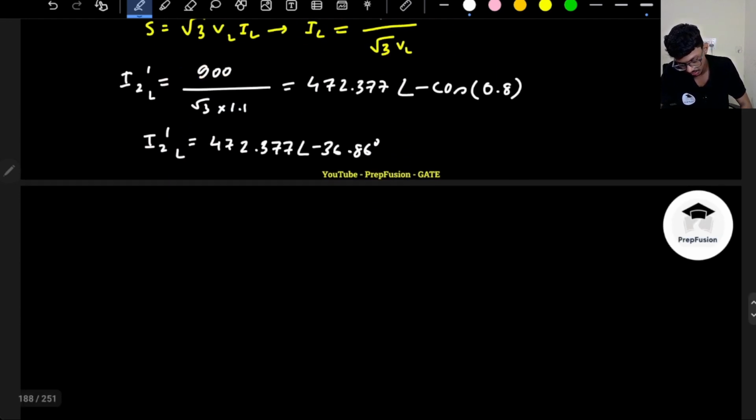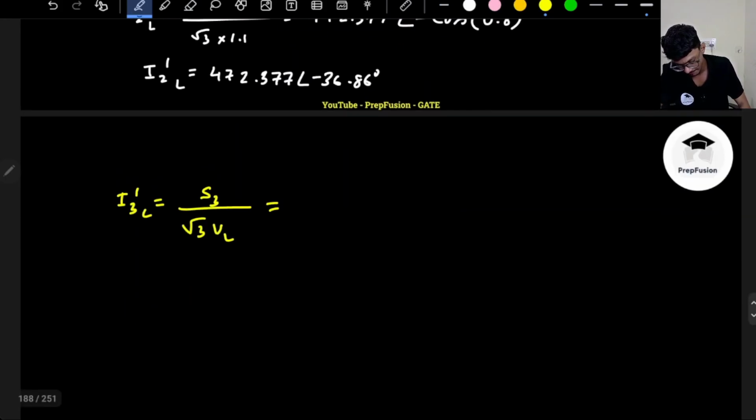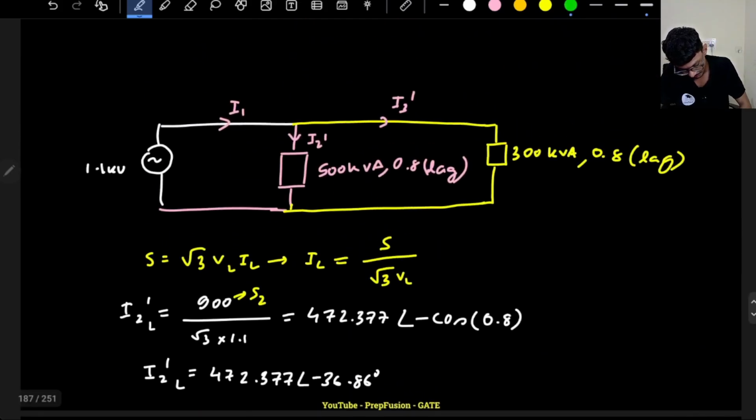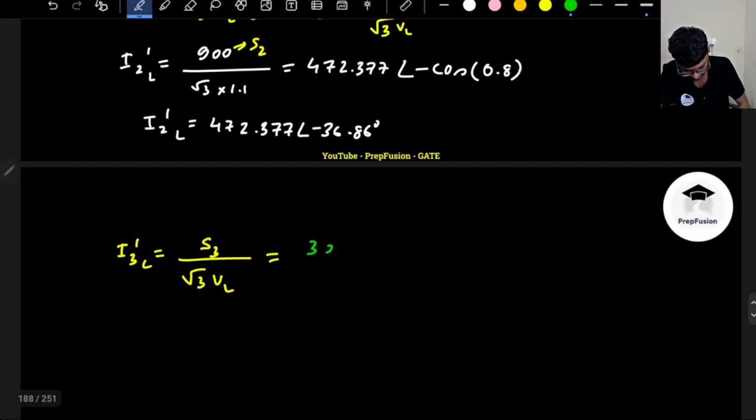Now what about the other current? I3L dash will be S3 divided by root 3 VL; VL will not change, only S changes from S2 to S3. S3 is 300 kVA, so 300 kVA divided by root 3 into 1.1 kilovolt.